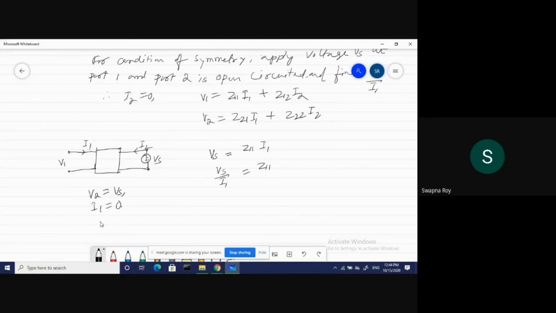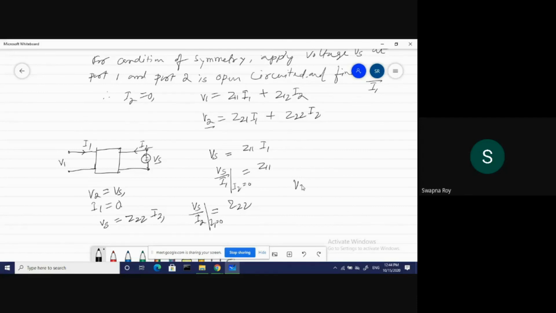From these equations, Vs is equal to Z22 I2. So again Vs by I2, when I1 is equal to 0, is equal to Z22.